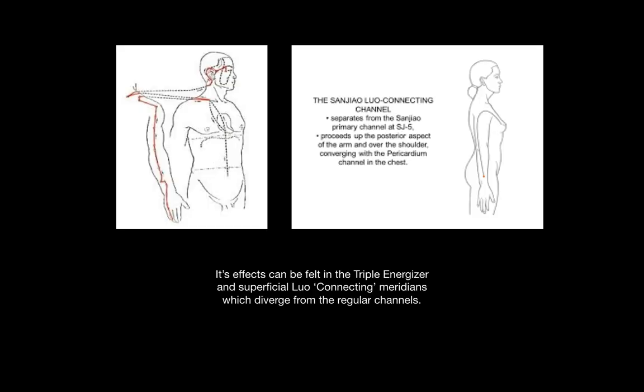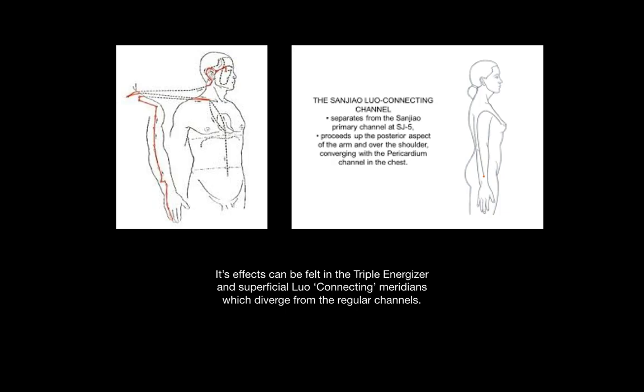Its effects can be felt in the Triple Energizer and the superficial little connecting meridians, which diverge from the regular channels. On the top left of the screen is a picture of the Triple Energizer channel, and on the right is its little connecting channel.